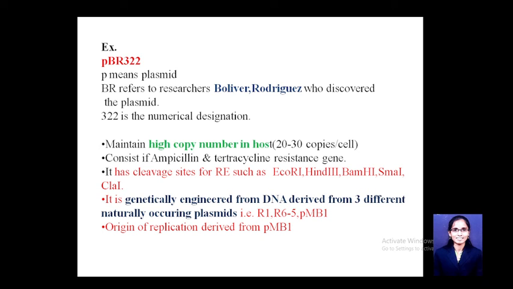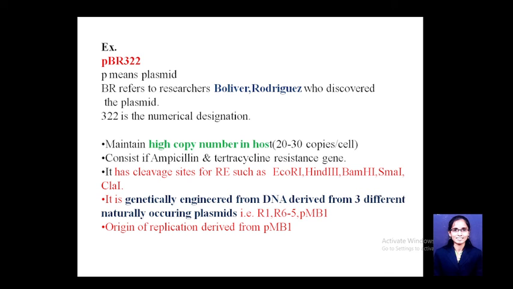Approximately, you will get 20 to 30 copies per cell. It also consists of two important antibiotic resistance genes, ampicillin and tetracycline resistance genes. It also has cleavage sites for restriction enzymes such as EcoR1, HindIII, BamH1, etc.